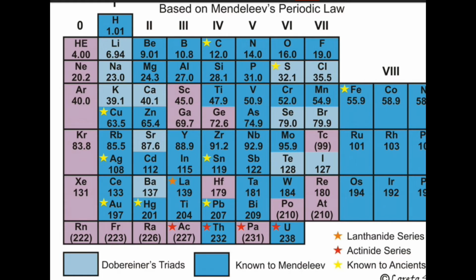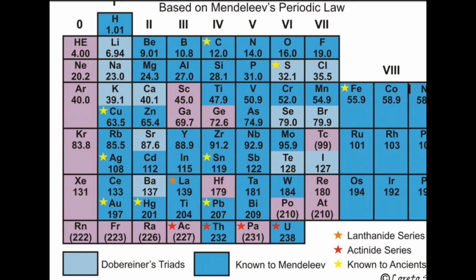Sometimes when the properties were similar, he arranged those elements without looking at the atomic masses. Even though the atomic masses did not increase accordingly, he still was able to place them based on the similarities.